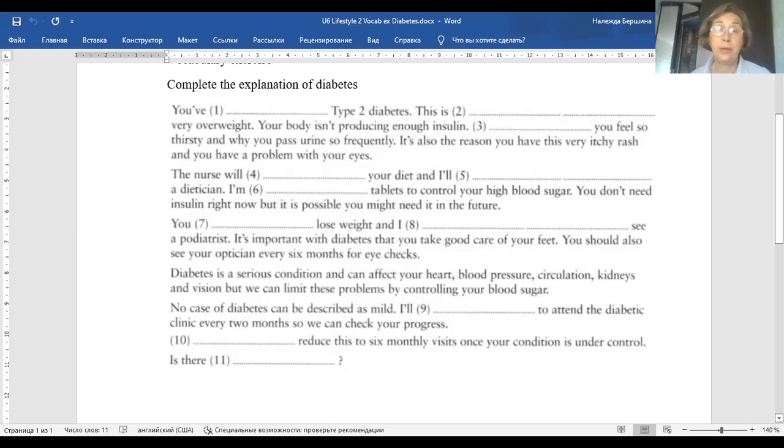So yes, Tala knows. Please, Tala. I think the nurse will tell you about your diet. Okay, the nurse will tell you about your diet.